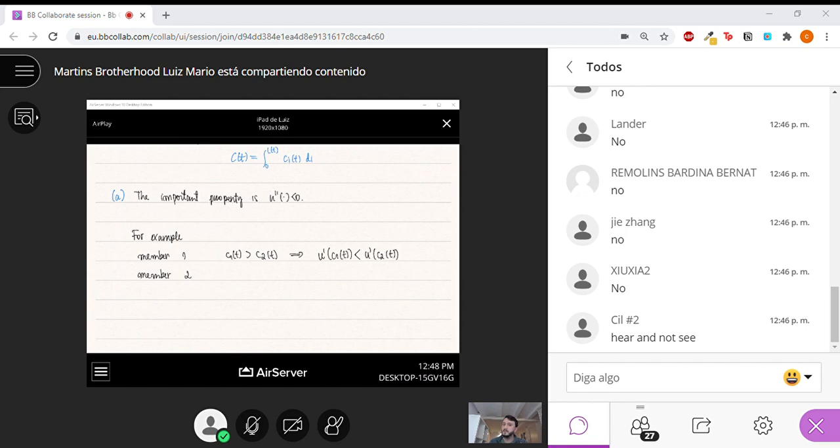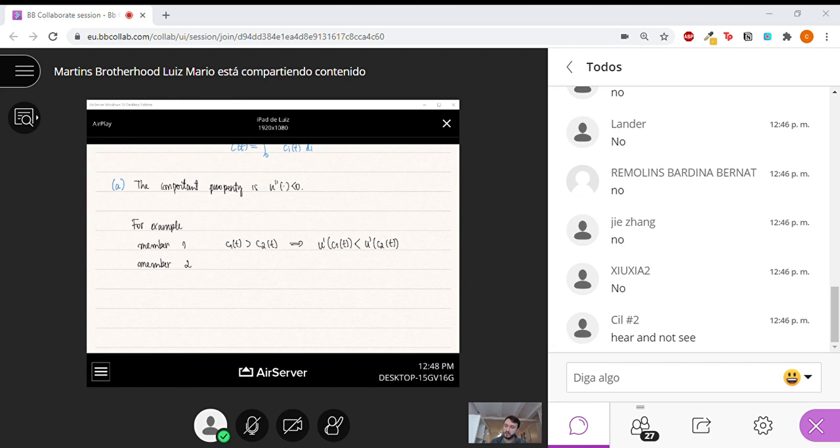And that's concavity. Concavity makes the marginal utility decreasing with respect to c. So if we have a higher c, we have a lower marginal utility, okay?